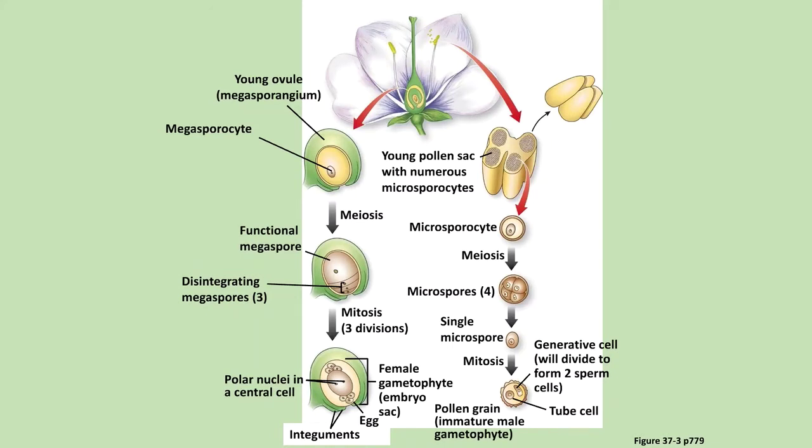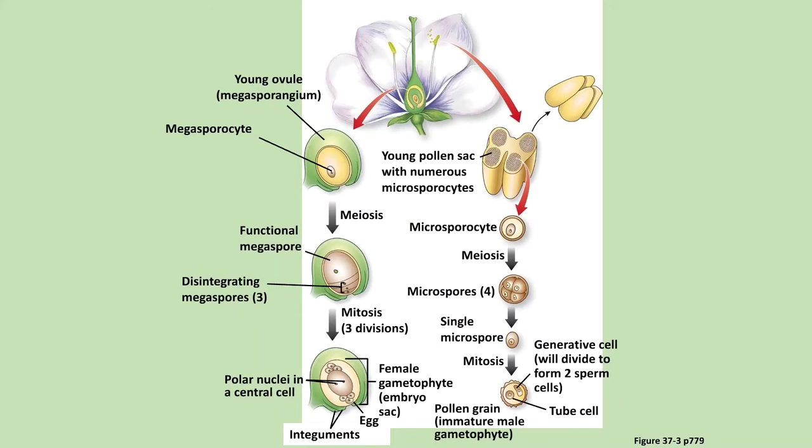So these are referring to cells. So a microsporocyte is also 2N. It divides by meiosis. And like I said before, just like we saw on the female side, one 2N cell will divide by meiosis, producing 4 haploid cells. And that's what you see microspores for. It means there's 4 of them there.